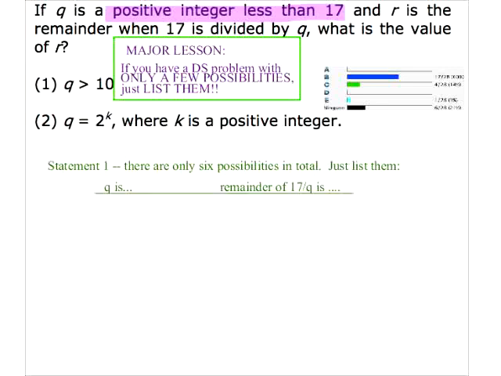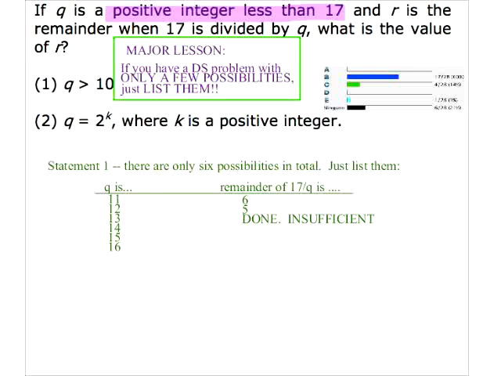So if Q is 11, 12, 13, 14, 15, 16. The remainder of 17 divided by 11 is 6. The remainder of 17 divided by 12 is 5. That's done. Insufficient. Statement 2, you have a power of 2.